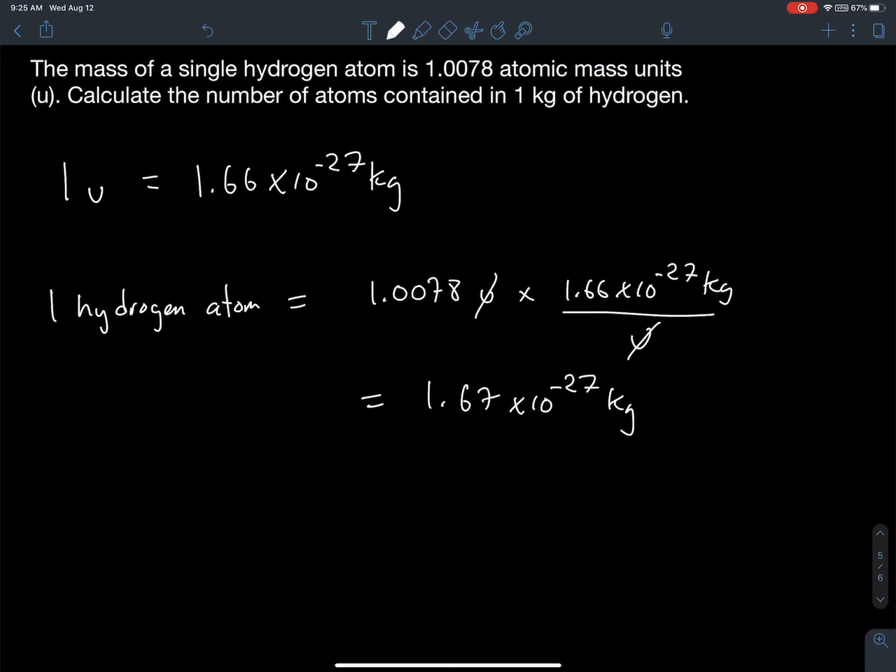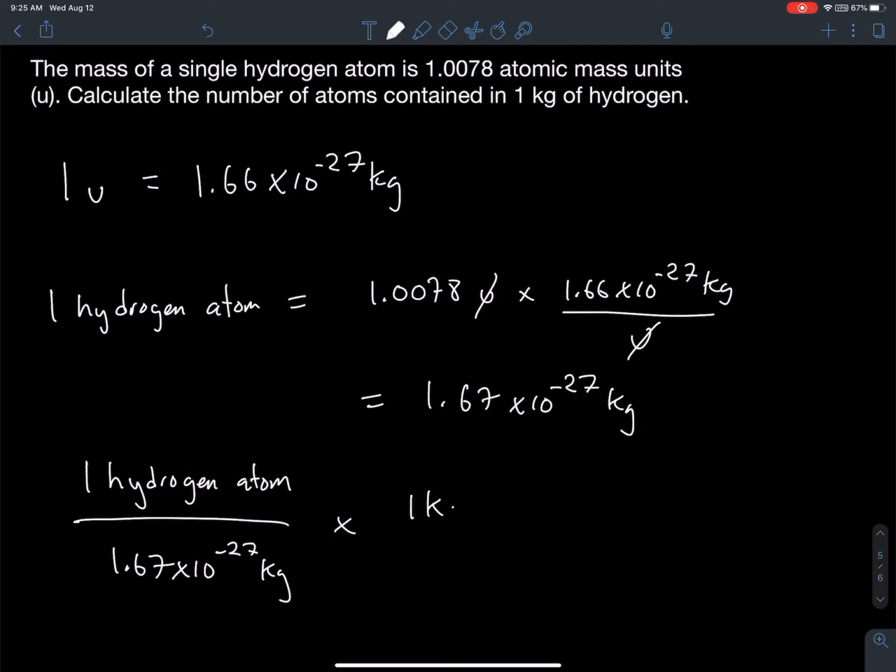So how do I find out how many hydrogen atoms are in a kilogram? 1 hydrogen atom per 1.67 times 10 to the minus 27 kilograms, times 1 kilogram. That way my kilograms cancel out and leave me in the units of atoms, like we did with the bacteria.